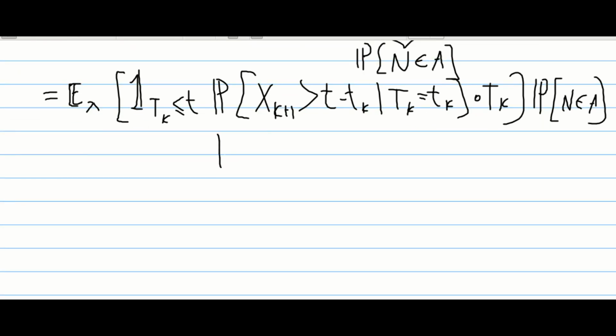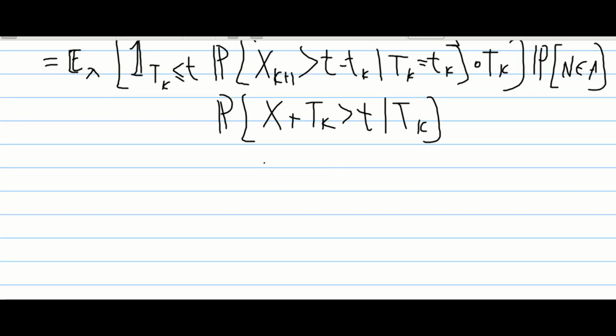So this is the probability that X plus Tk is bigger than t given Tk, or the conditional expectation if you want. And here we can put this inside again. We are just reverting everything that we did before.